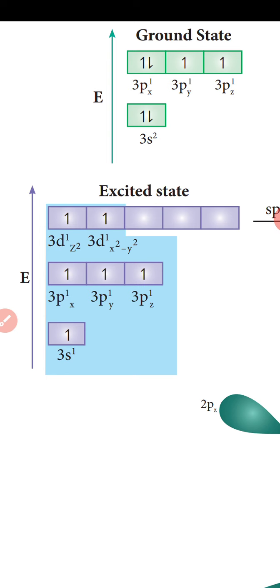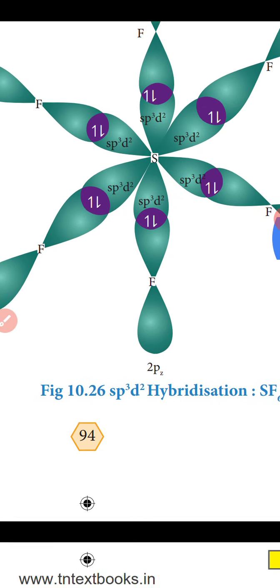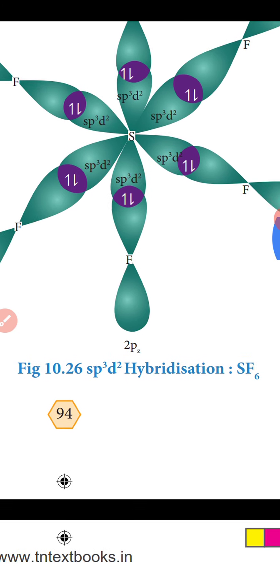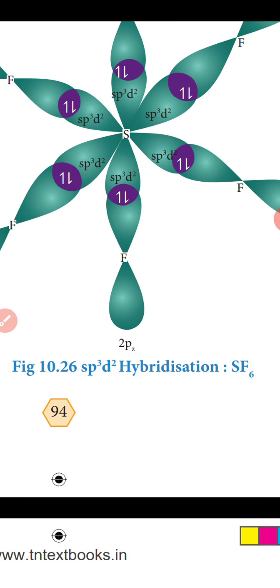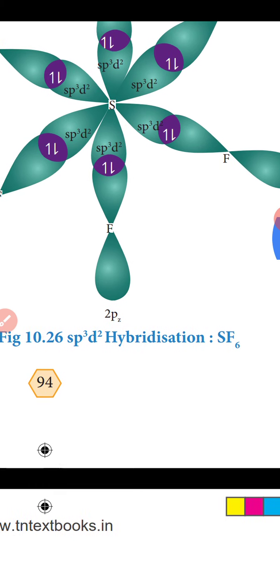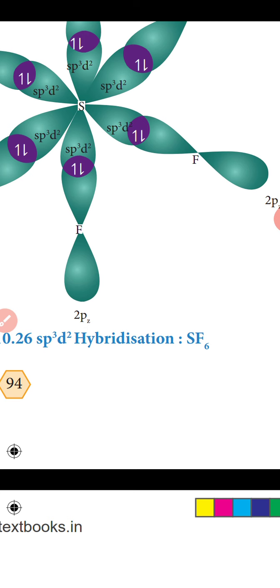In the excited state, electrons are promoted into the d orbitals, giving 3s1 3p3 and the 3dz2 and 3dx2-y2 orbitals. The 6 sp3d2 hybridized orbitals of sulfur overlap linearly with the 2pz orbitals of 6 fluorine atoms to form 6 S-F bonds in the sulfur hexafluoride molecule.